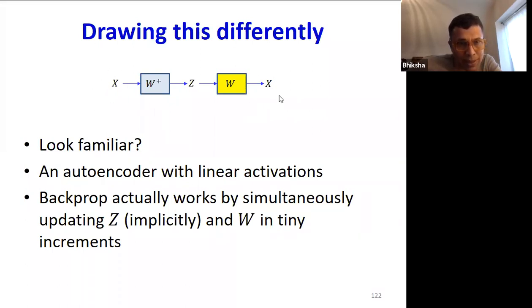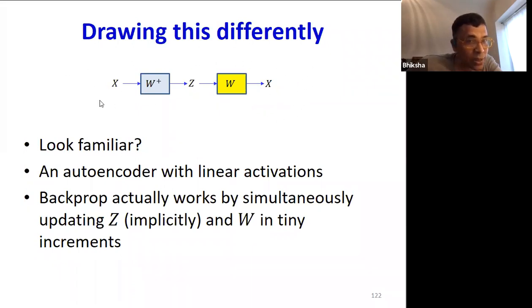But then when you look at this figure, this is just an autoencoder, right? I have an encoder which goes from x to z. I have a decoder which goes from z to x. And so this whole thing is just an autoencoder.